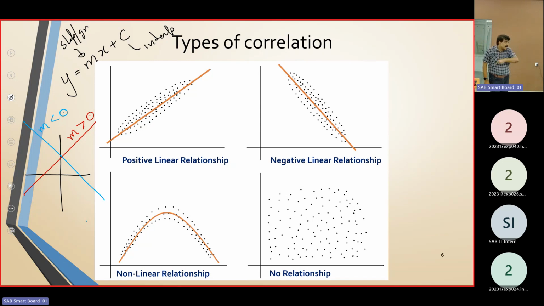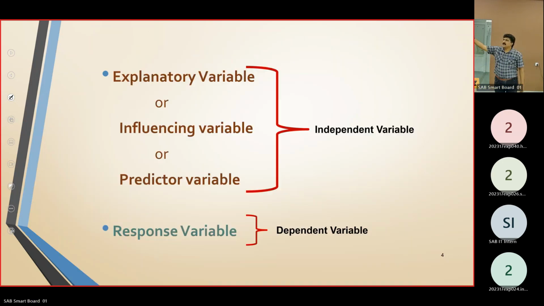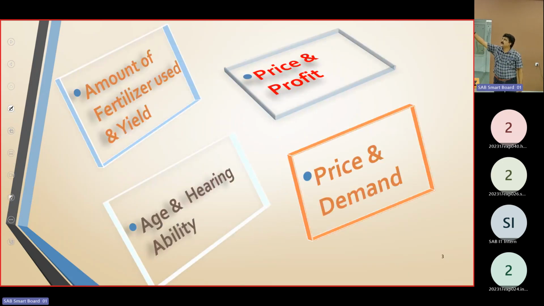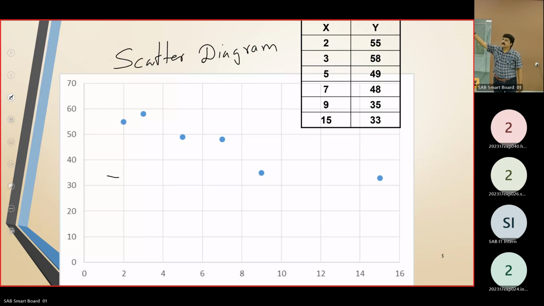So now we'll write down whatever we said. When we are given a data set, we can draw the scatter diagram.